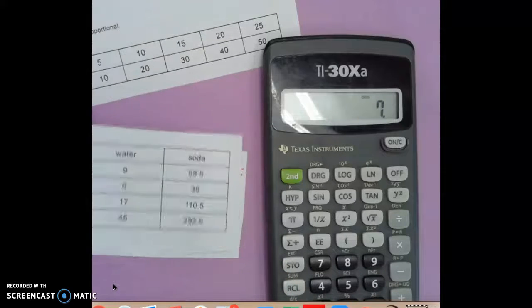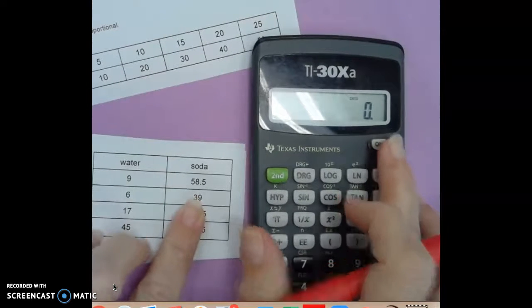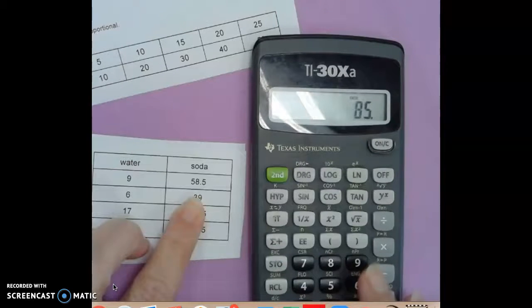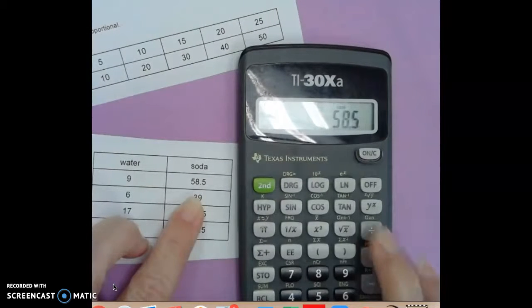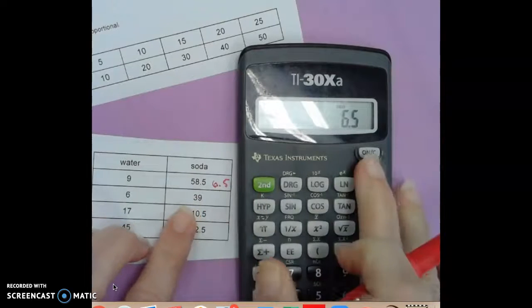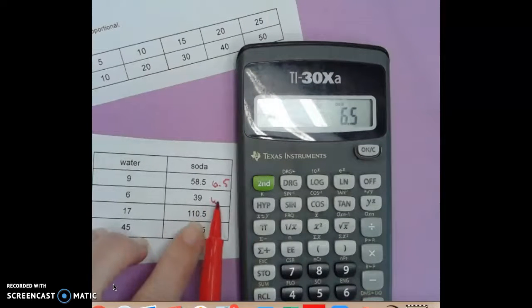Okay? So let's look at this one real quickly. Let's look at 58.5 divided by 9, and I get 6.5. Now if I do 39 divided by 6, 6.5.